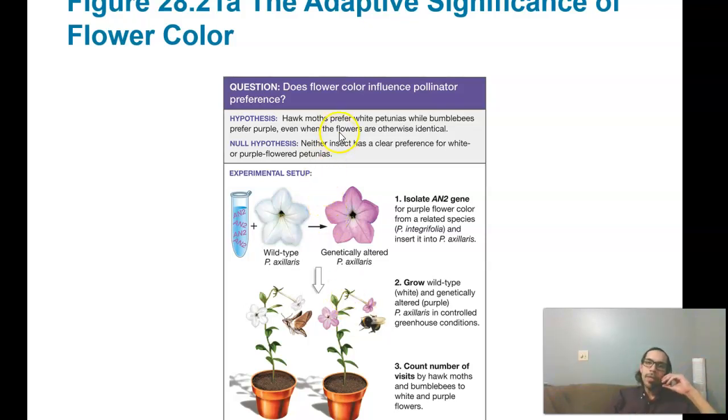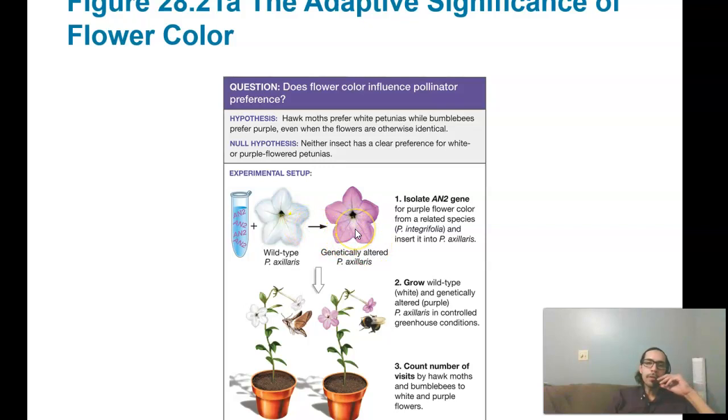The hypothesis was that the moths would prefer the white petunias and the bumblebees would prefer the purple, even when the flowers would be identical. This is the flower that they were looking at, the petunias.